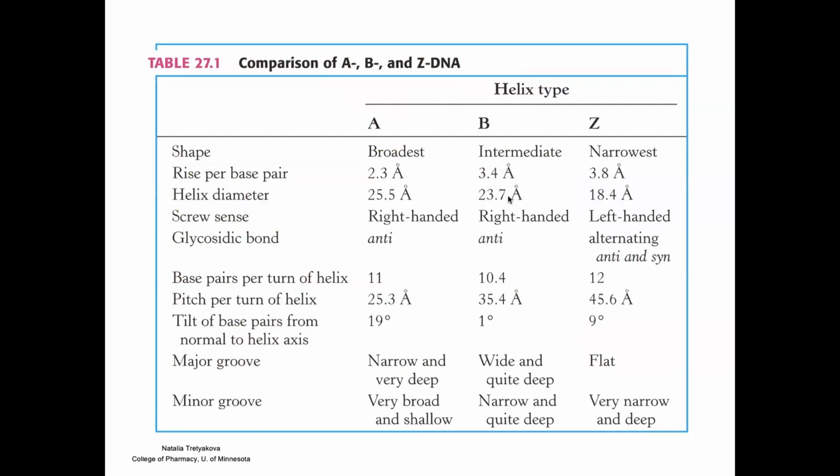So that 20 angstrom diameter is 20 to 24, somewhere in that range. Then you can see Z DNA has the smallest diameter relative to either A or B DNA. Again, we talked about the nature of the helical twist, right-handed for A and B, left-handed for Z.